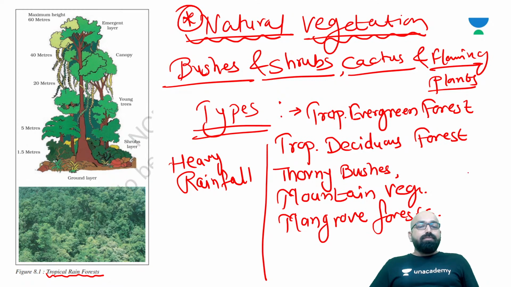So friends, Andaman and Nicobar Islands, parts of northeastern states, and a narrow strip of the Western Ghats, the western slope of the Western Ghats, are the home of this tropical evergreen forest.